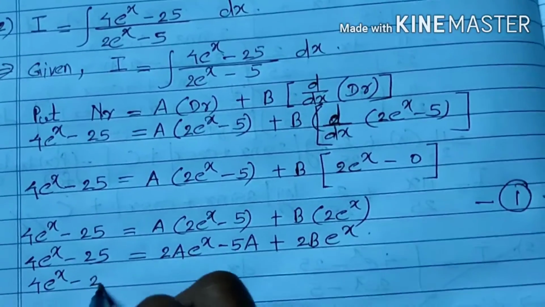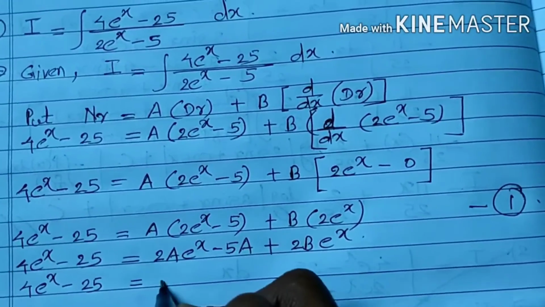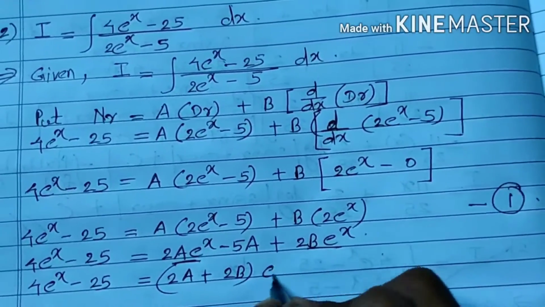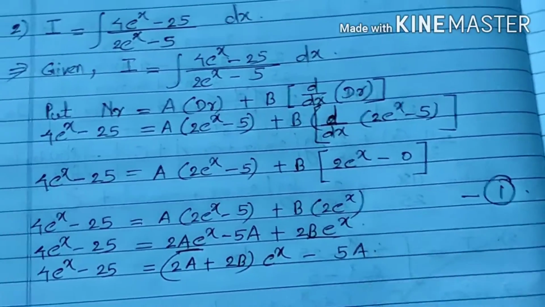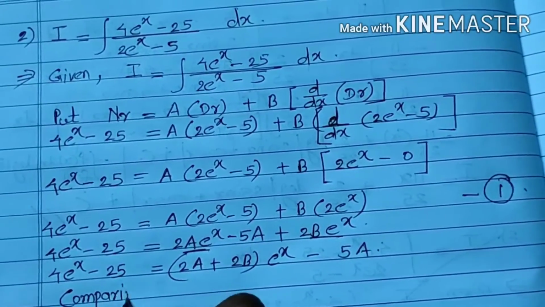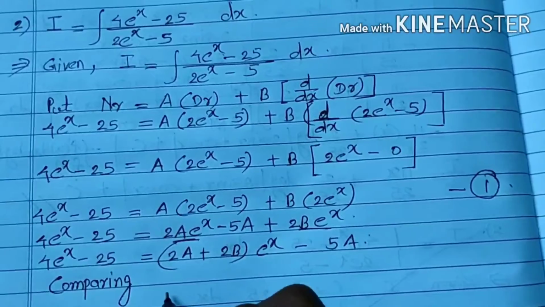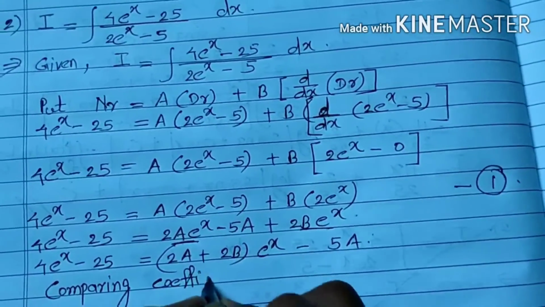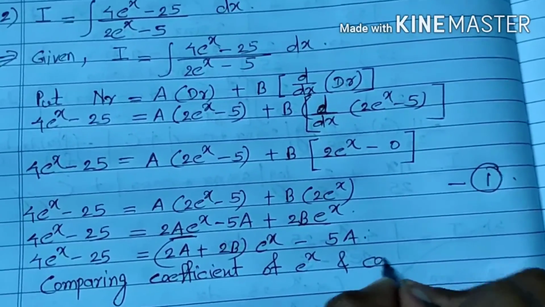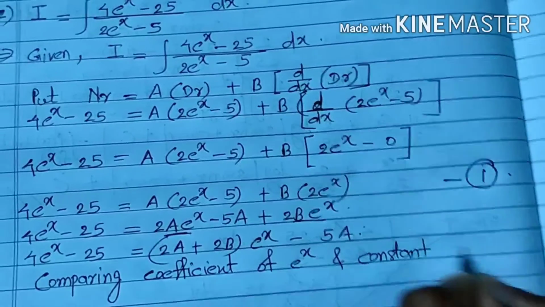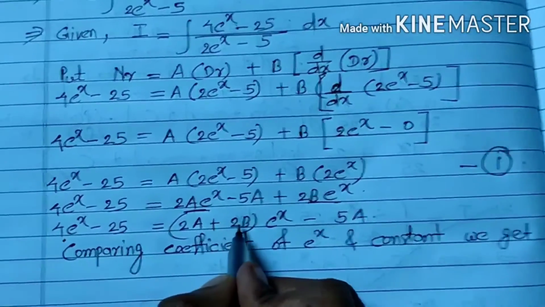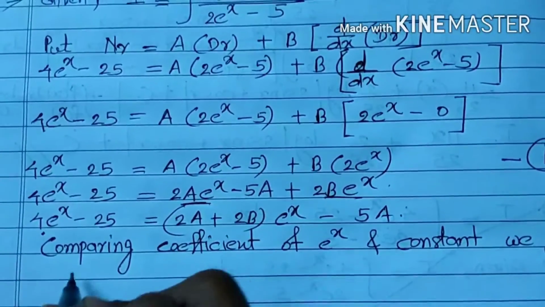Now collect the terms of e raised to x on one side and collect the constant terms. So (2a plus 2b) e raised to x, and here minus 5a. Now comparing the coefficients of e raised to x and the constant, we get: here the coefficient of e raised to x is 4, and here the coefficient of e raised to x is 2a plus 2b.